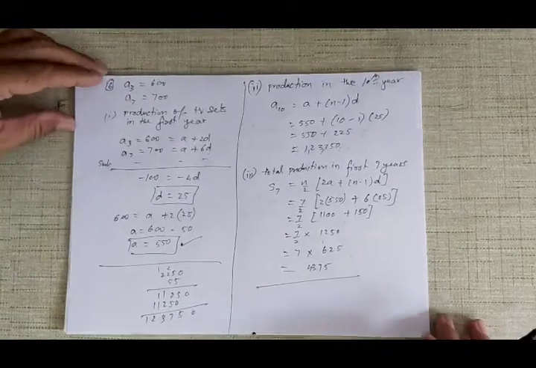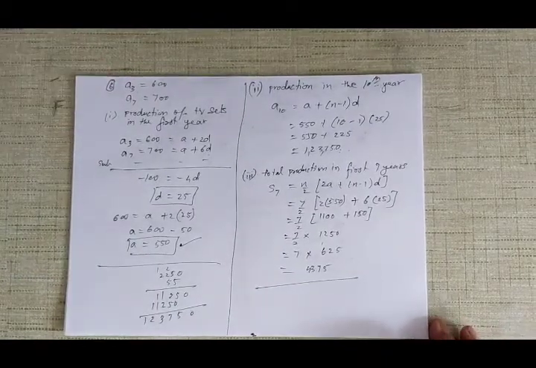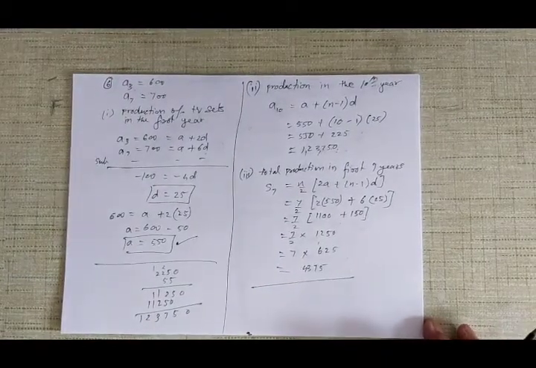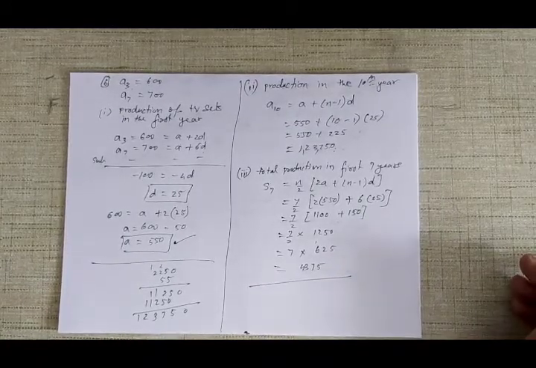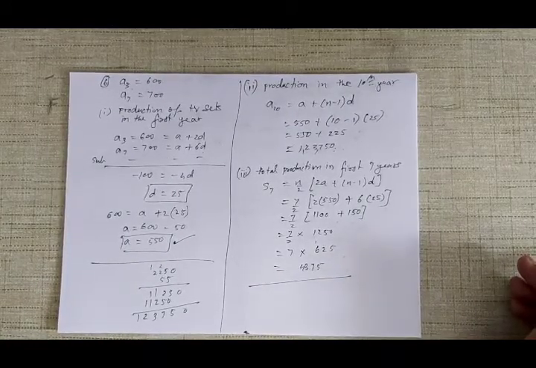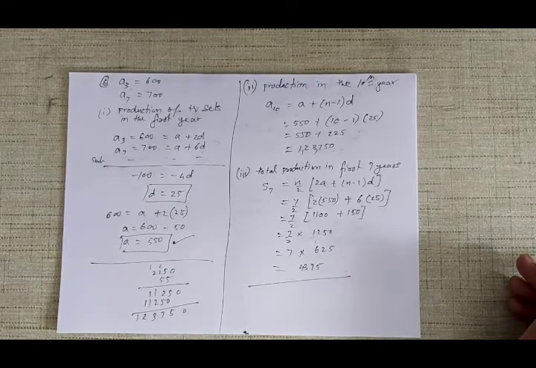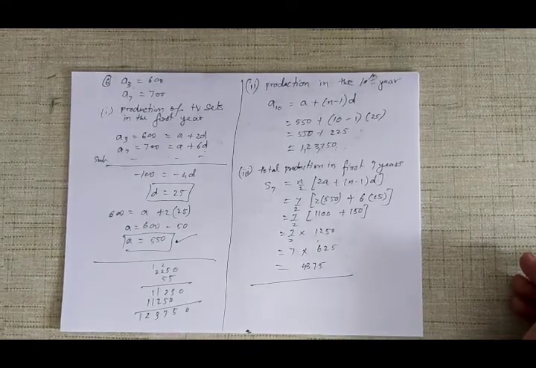Okay, that is 4,375 sets in the first 7 years. Okay, just checking it, 4375.